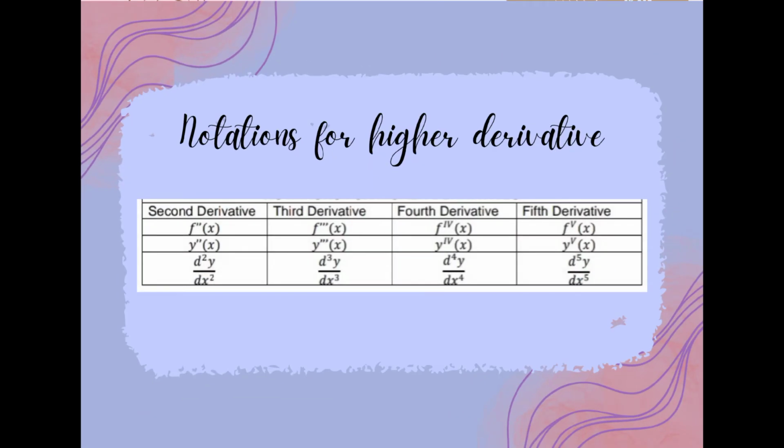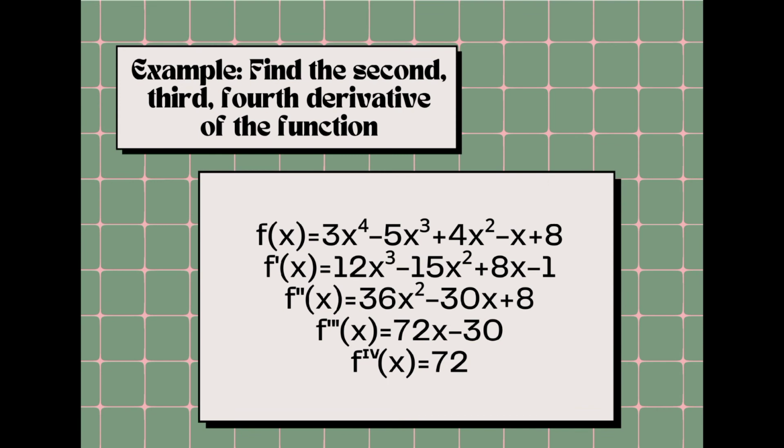Now I am going to show you the notations for higher derivatives. Here you can see the second derivative, third derivative, fourth derivative, and fifth derivative notations. Here are some examples. f of x equals 3x to the fourth power minus 5x cubed plus 4x squared minus x plus 8.